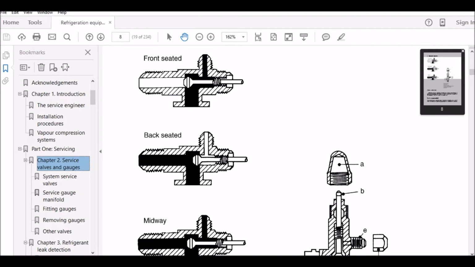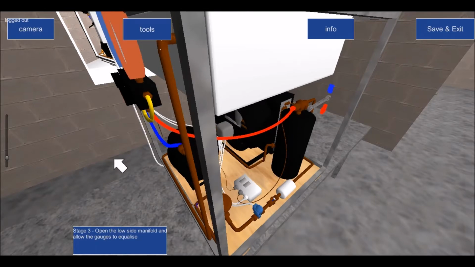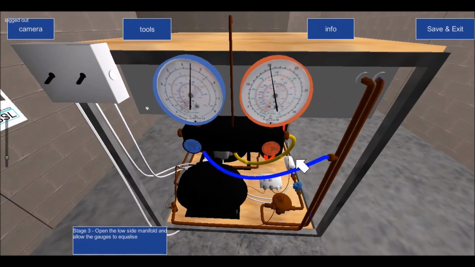That refrigerant that was in that line, now that I've backseated, no fresh refrigerant is coming into this area, but the excess refrigerant that was there still remains. So I need to get that out of there first of all. This is why I allow it to go into the manifold. Then I allow it to go from the manifold across into the low side of the system.